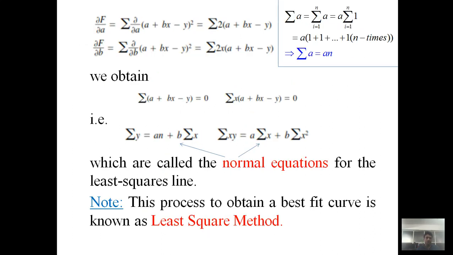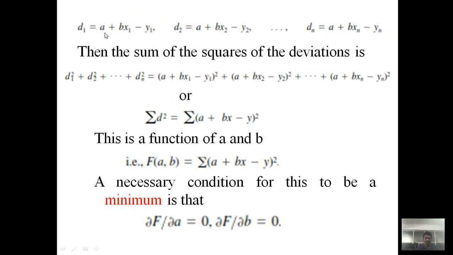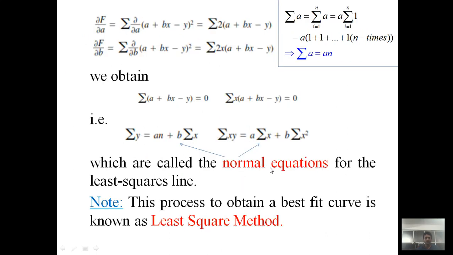Now we find the partial derivative of f with respect to a. f is equal to the summation of (a plus bx minus y) whole square. Here we apply the chain rule: the whole term is like u square, so the derivative is twice into u, where u is this bracket.